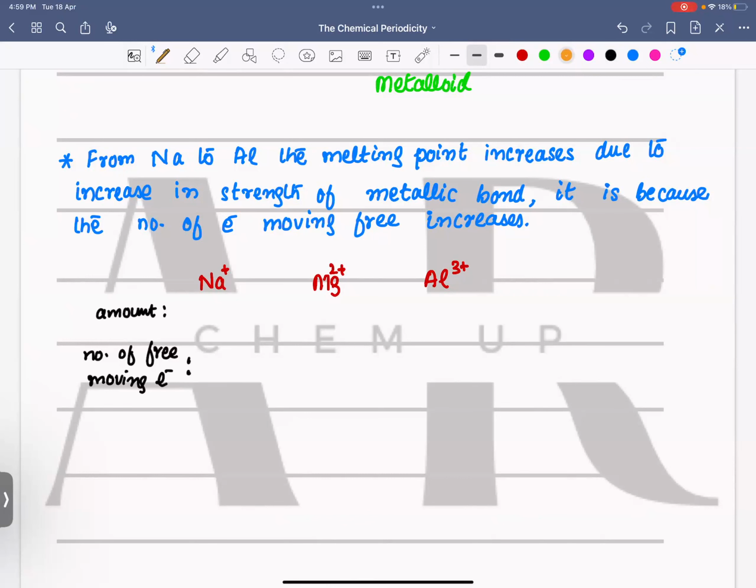So if you see here, for example, if I took 1 mole of each one of them, then here we have 1 mole of electron.